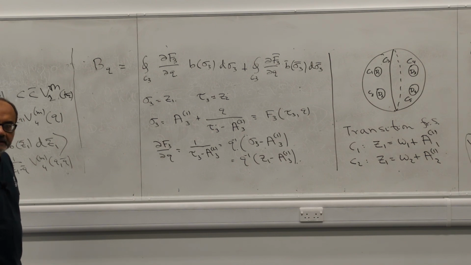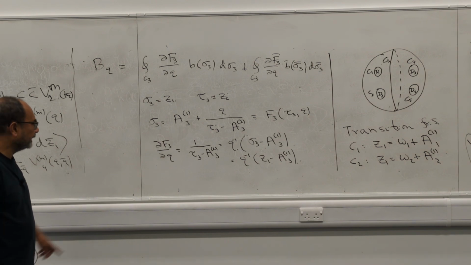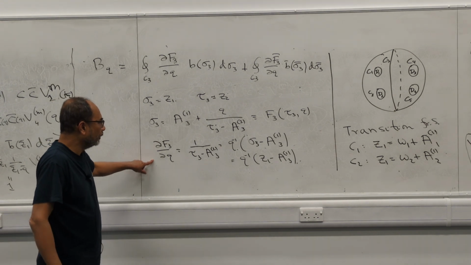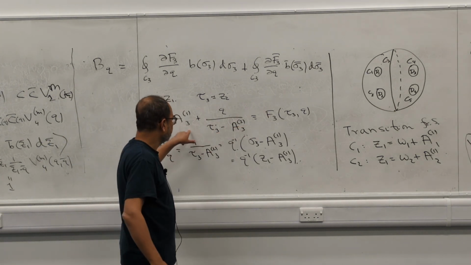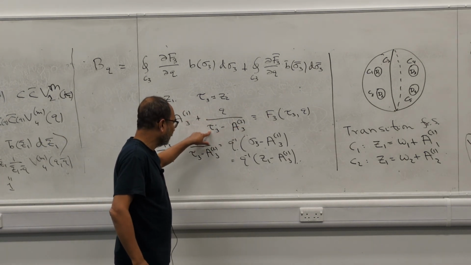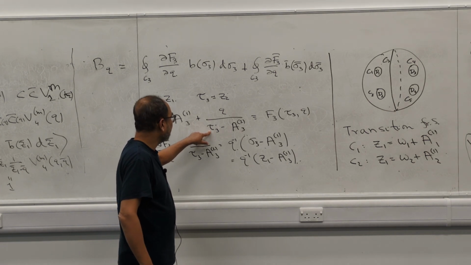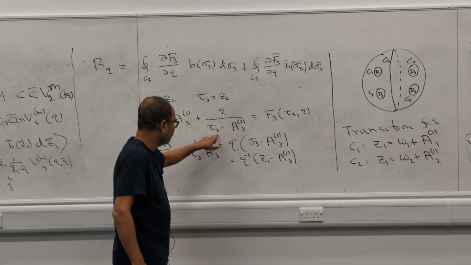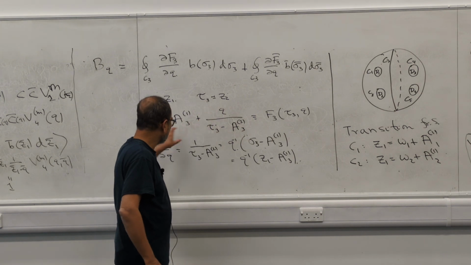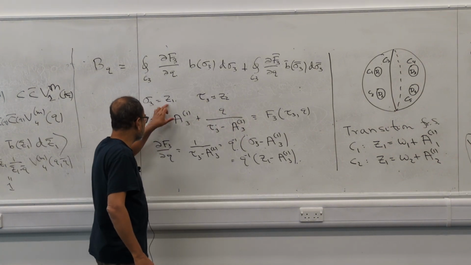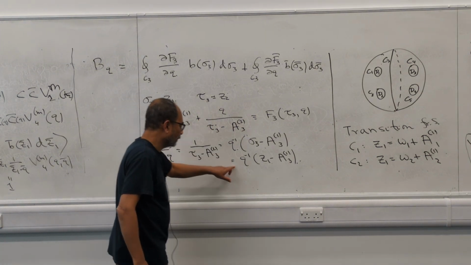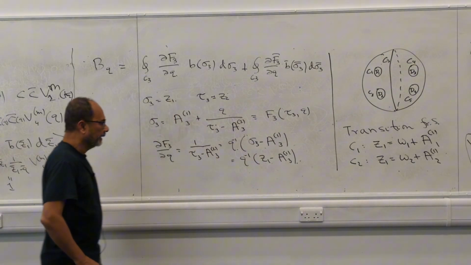Is this clear? I just calculate ∂F3/∂Q using this formula. I get 1 over tau 3 minus A23, and then I use the relation between sigma 3 and tau 3 to rewrite this in terms of sigma 3 and A13, and use the fact that sigma 3 is Z1. That's what I've done here.